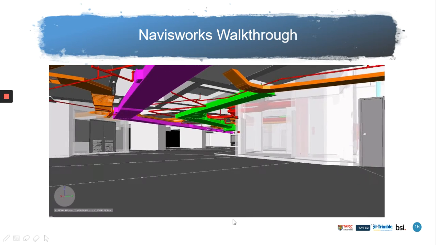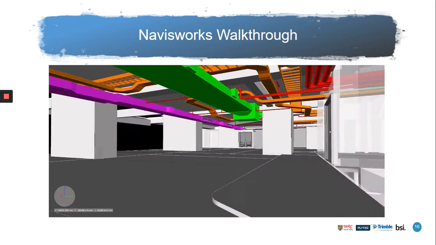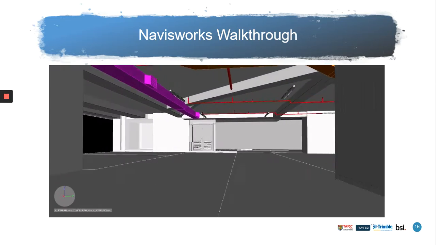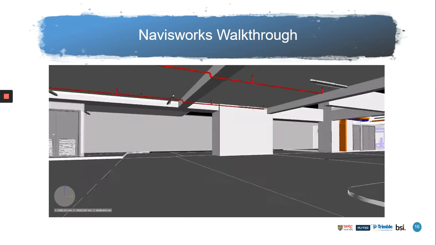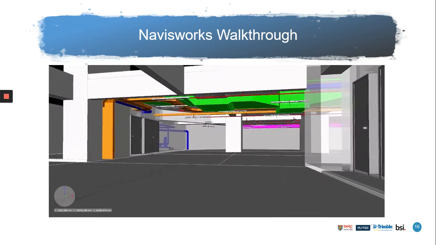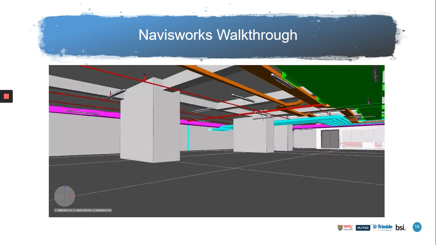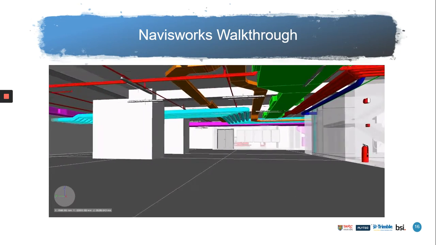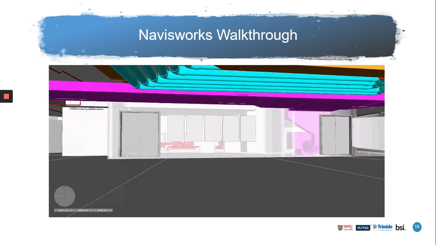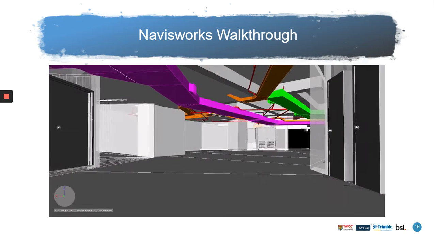So in Navisworks, you use the BIM model which you have done in Revit, and you use the Navisworks software, and you can have a walkthrough through the model that you have done. So as you can see here, you can see all the piping and everything. So essentially, Navisworks is a construction tool for management.